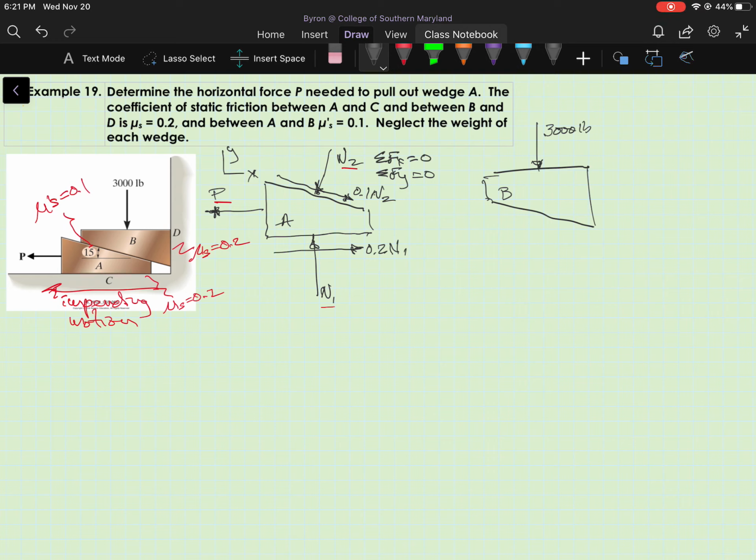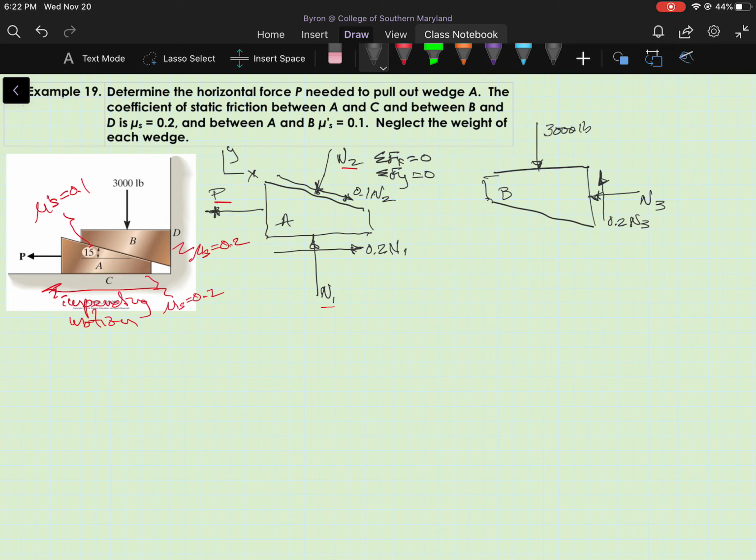Show a normal force from the wall. Call that N sub 3. And B is going to move down when A moves to the left. So the wall is going to resist that motion with the frictional force 0.2 times N sub 3.